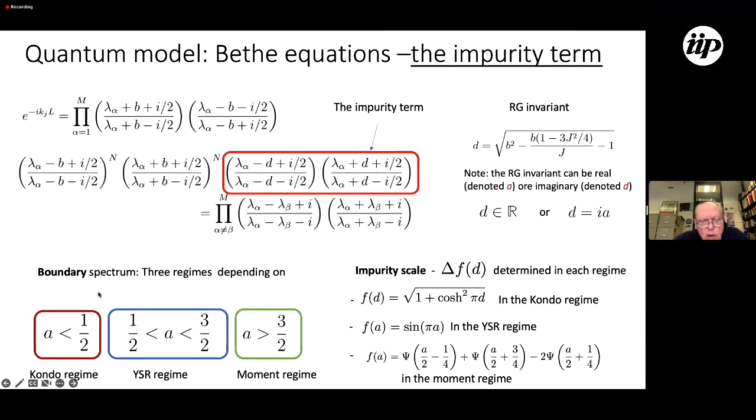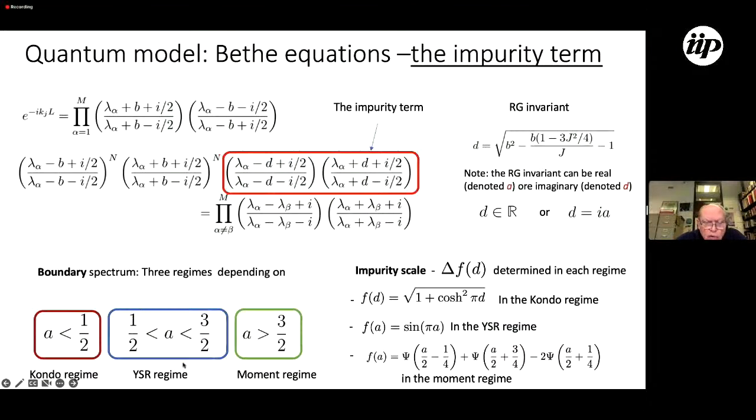And what we are going to discover is that for the solutions here, there are 3 regimes which depend on the values of the parameter D or A. It's the same thing. So for A, in here we'll have the YSR regime, here we'll have the moment regime, and here we'll have the Kondo regime.